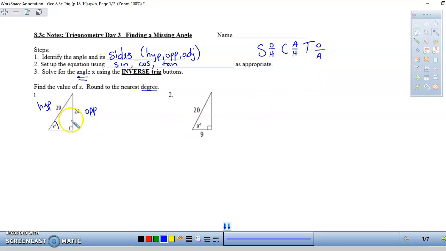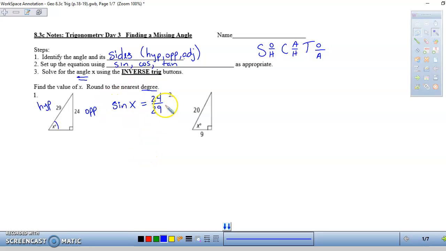So in this particular case, I have the opposite and hypotenuse. So that is going to be the sine function, opposite over hypotenuse. I'm going to set things up just like I did previously. So I know it's the sine of the angle x this time, and that is equal to opposite over hypotenuse.